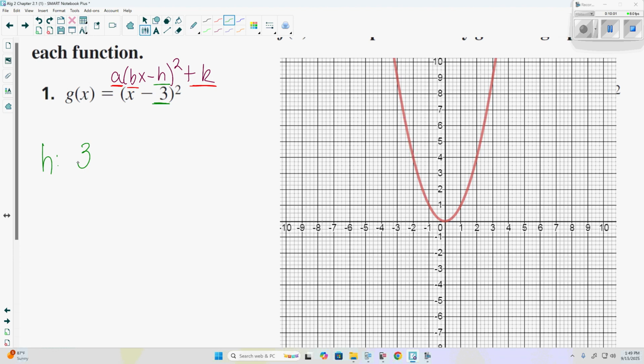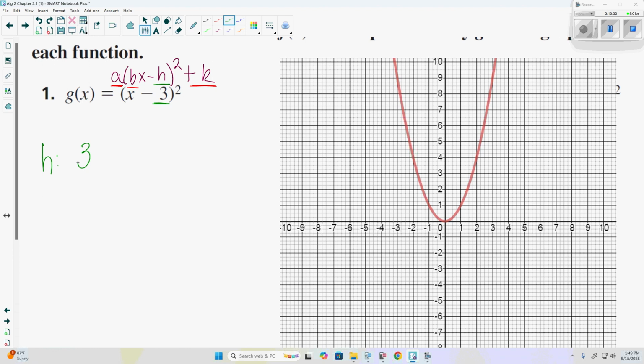Because what's the general form? X minus h, yes? The x's line up. Do the signs match up? Are they both minus, yes? So h is just 3, positive 3. Since the signs line up, we're just taking that value of h out. Because the last one, we had x minus negative 4, the negative 4 is our h value.